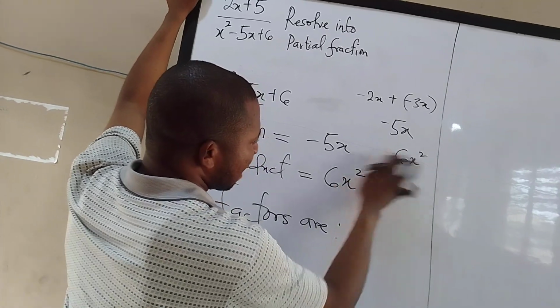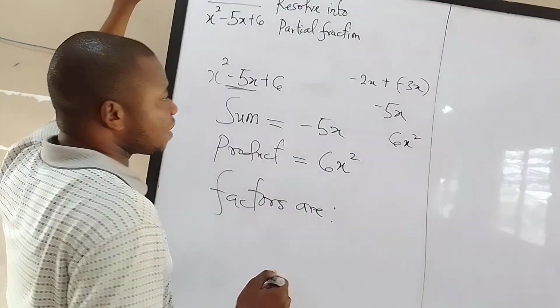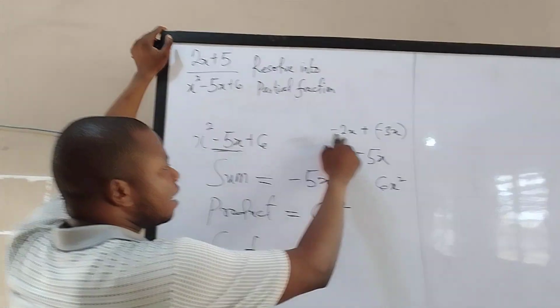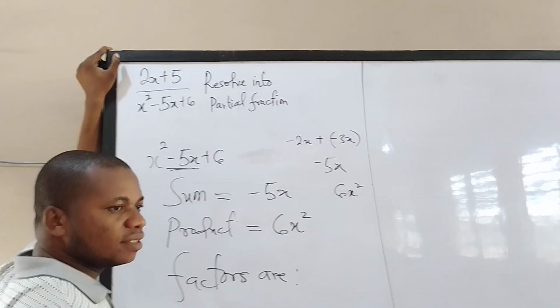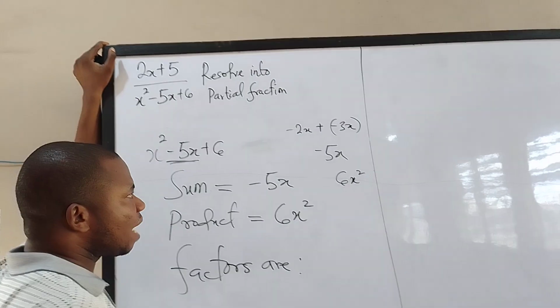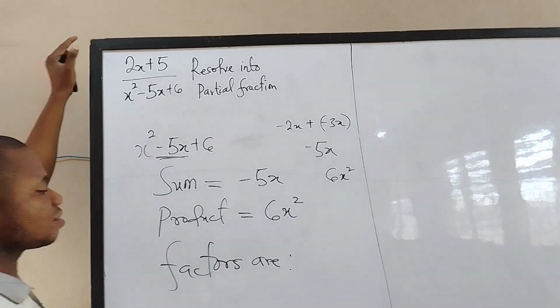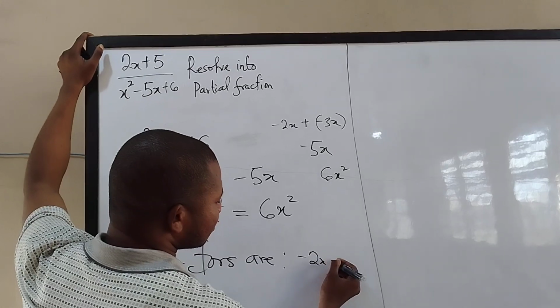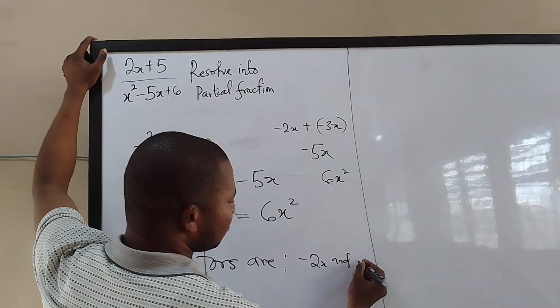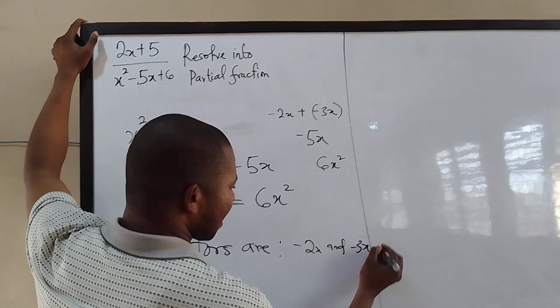So which means that my factors are minus 2x and minus 3x. That is what I'm going to have.